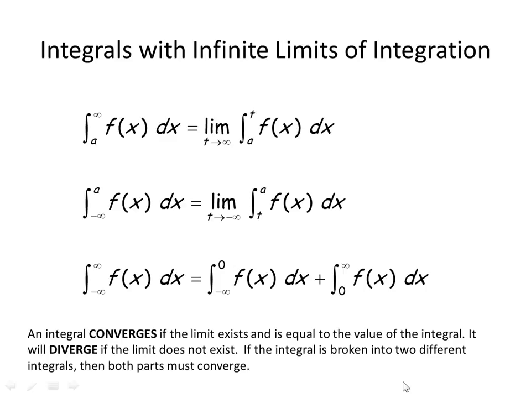What does that mean? Well, when you apply these limits, you're either going to get a number or you're going to get infinity. If you get a number, then your answer is going to be, let's say you got 3. Okay? Let's say that you did the integral and you applied the limit and you came up with 3. Your answer on your answer sheet is going to be it converges to 3. Converges to 3.